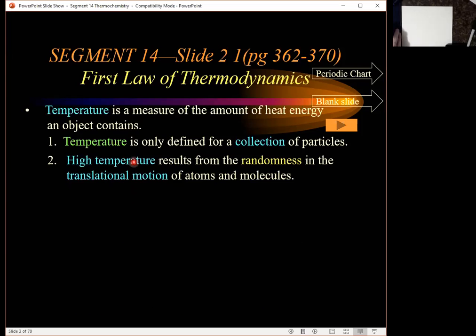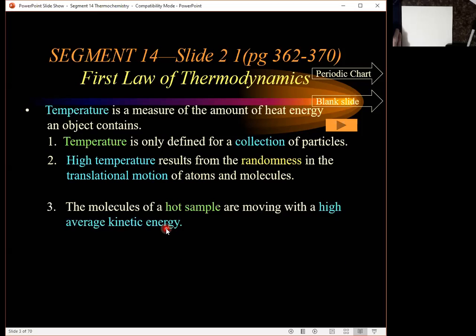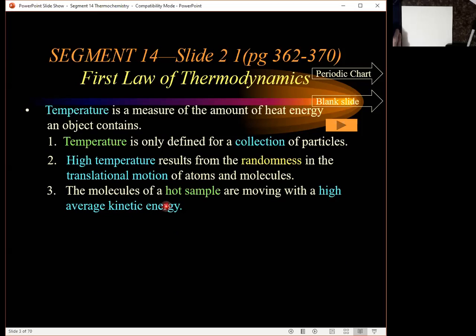So high temperature results from randomness in the translational motion of the atoms and molecules that make up a sample. Molecules of a hot sample are moving at a higher average kinetic energy, but that isn't the temperature. The randomness is what's determining the temperature.